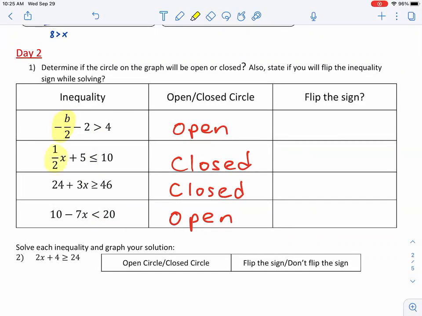If it's a positive, you do not have to flip it. So for example, the top one, when I solve that, yes, I'm going to have to flip the sign because I have negative x over 2. The second one, no, I'm not going to have to flip that sign because it's positive 1/2. So it has to do with the number in front of the x, the coefficient of the x. If it's a negative, we flip. If it's not a negative, we don't.